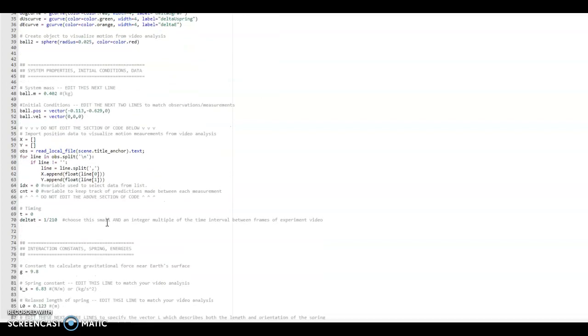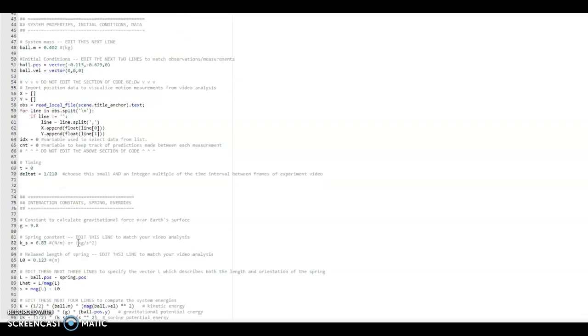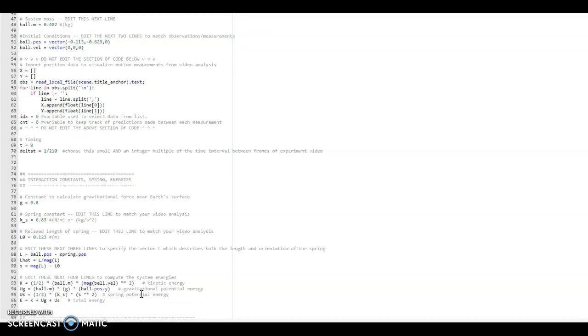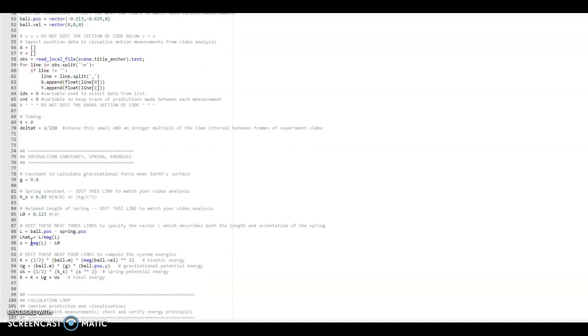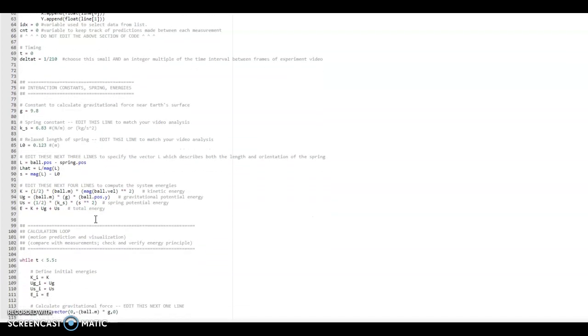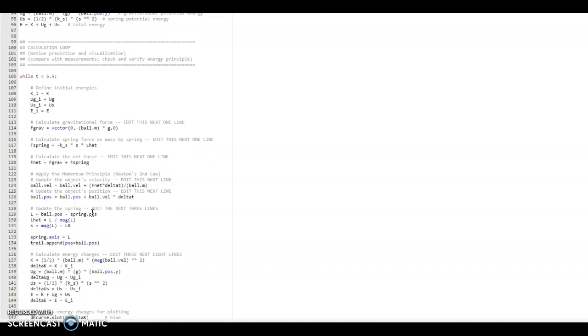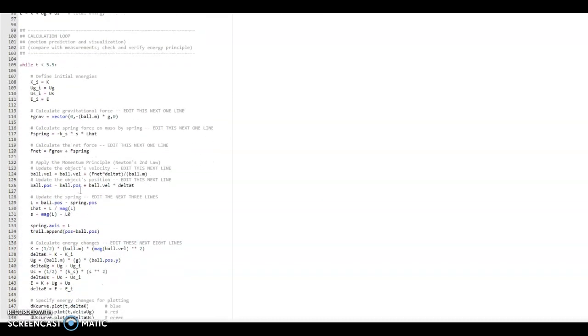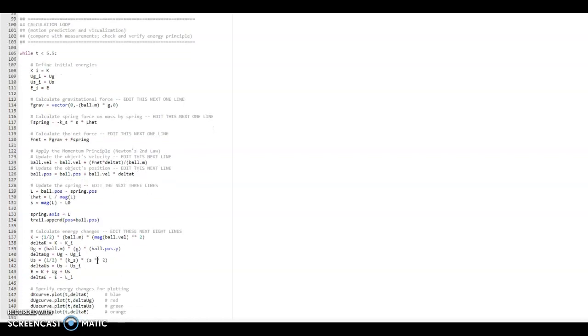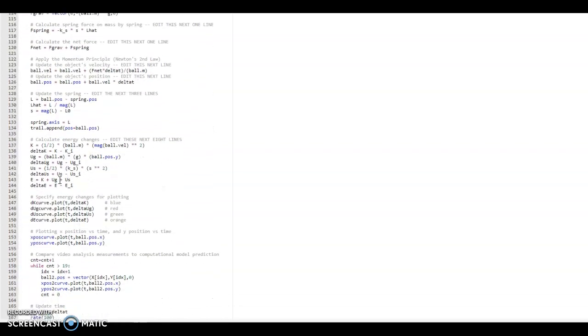And then later on in the model, different measurements of the spring and different energies are computed as shown, as well as inputted. And then even further down is updating different values about the spring, as well as calculating different changes in energy as shown.